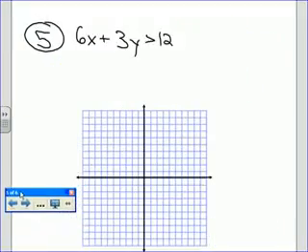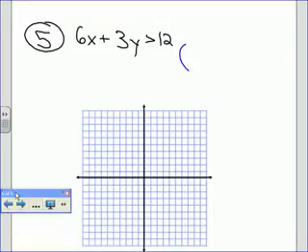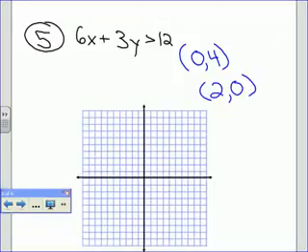And then here's one last example. Let's just write down our intercepts again. So our y-intercept, if I put in 0 for x, y would be 4. If I put in 0 for y, 2. Good. So we got 0, 4 and 2, 0. That's going to be a dashed line. Put in 0 for x.